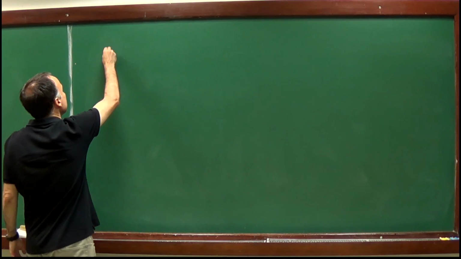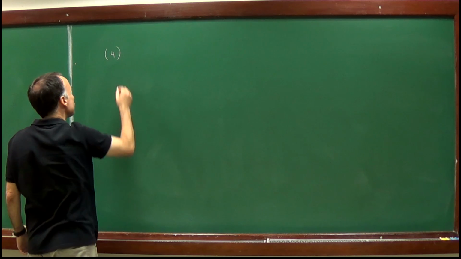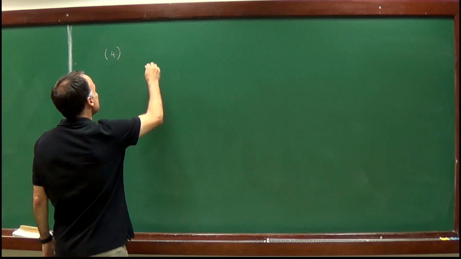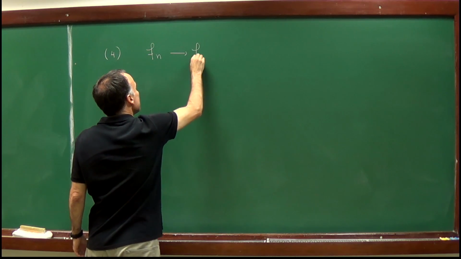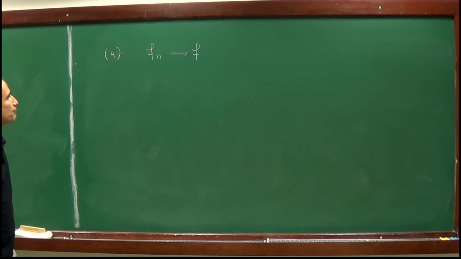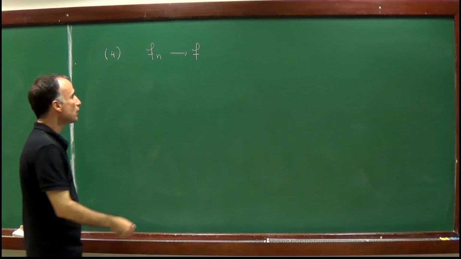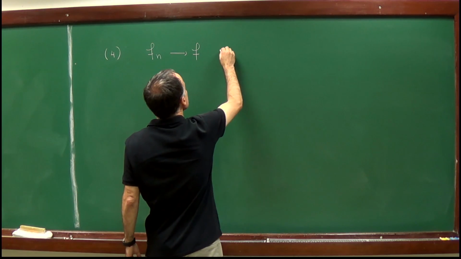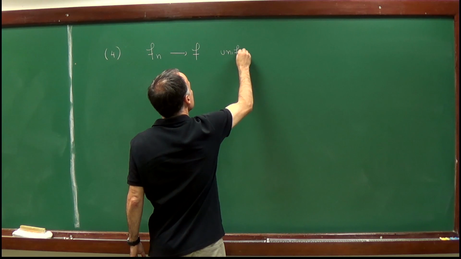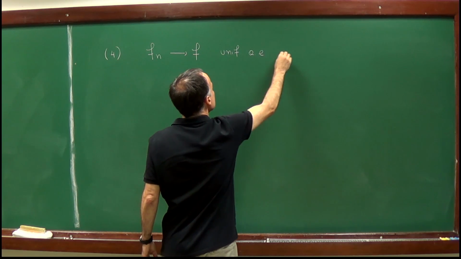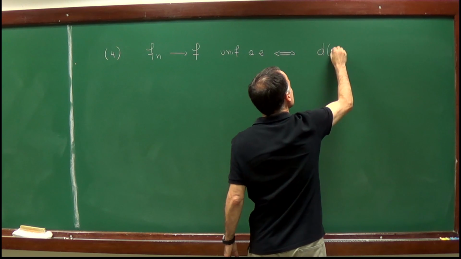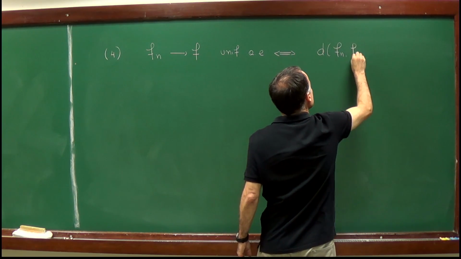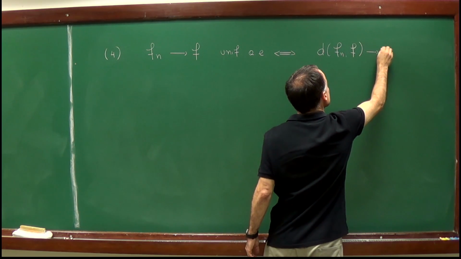So now, the fourth property is that, well, let's go back to the convergence. What we claim is that f_n converges to f uniformly almost everywhere if and only if the distance between f_n and f goes to 0.